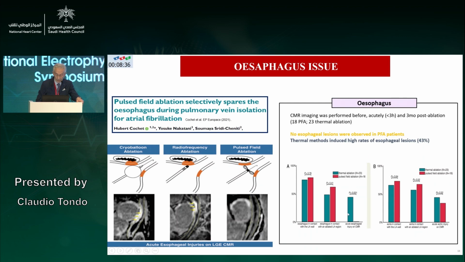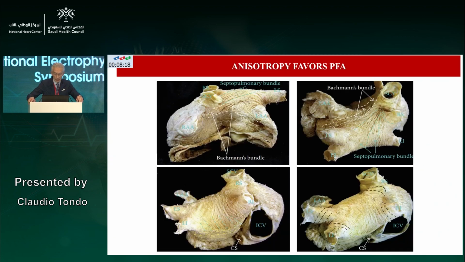And here the bar graph shows that the thermal injury that you can achieve by radiofrequency and cryoballoon has a much higher rate of esophageal lesions as opposed to PFA. Why this picture? Because anisotropy favors PFA.